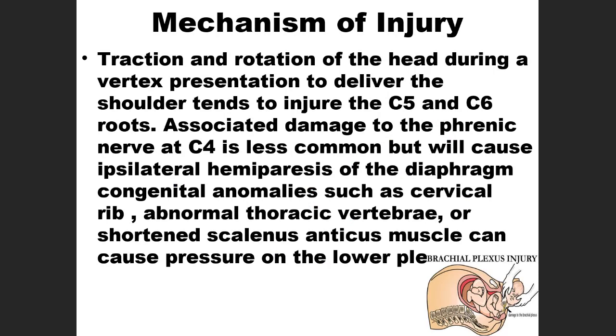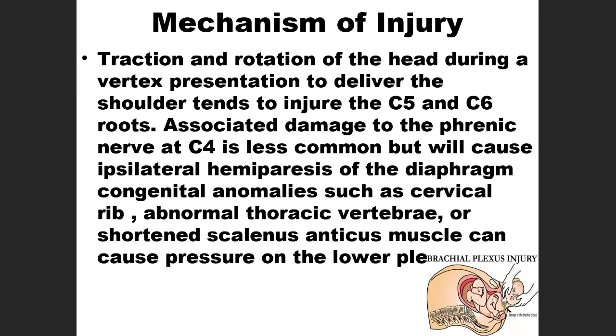So how does the injury happen? Usually the traction and rotation of the head during a vertex presentation to deliver the shoulder tends to injure the C5 and C6 nerve roots. Associated damage to the phrenic nerve at C4 is less common, but if it happens, it will cause ipsilateral hemiparesis of the diaphragm.